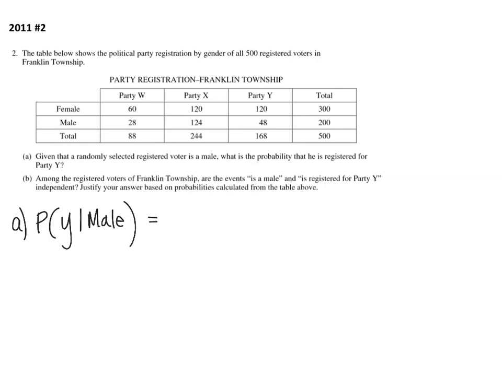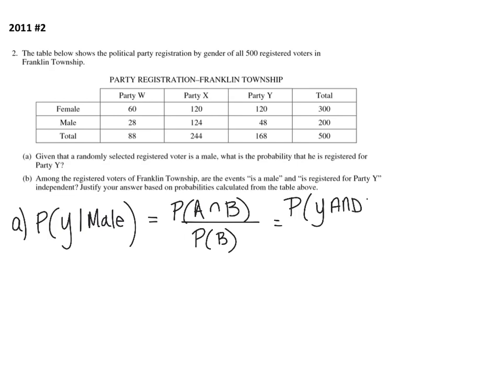So if we follow the formula from our formula sheet, which I would just get in the habit of doing, it's the probability of A and B divided by the probability of B. So in our problem, it's the probability of Y and male divided by the probability of being a male.